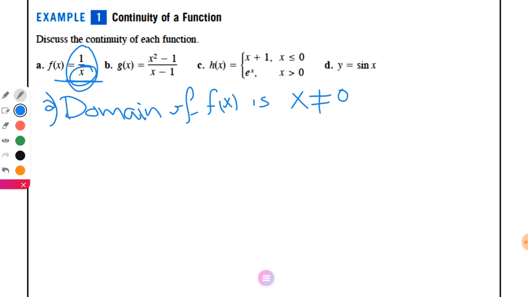Some told me 1, 0, no, it is not a value. It is a set of values of x such that when we substitute in the function, it is defined. When we replace x by 0, it will be 1 over 0, undefined. That is why the domain of the given rational function is x not equal 0.